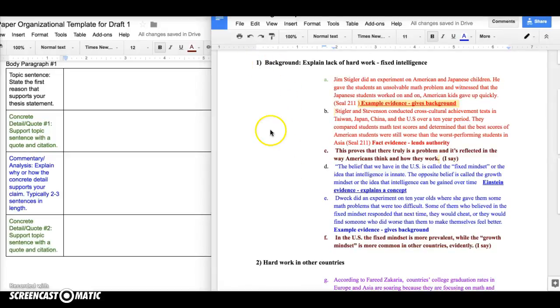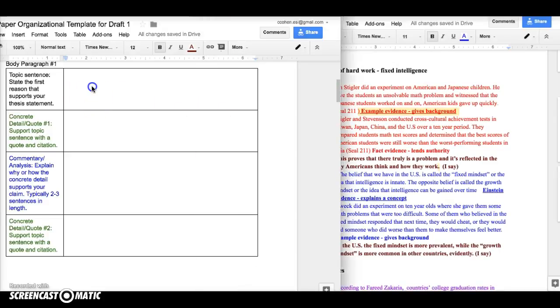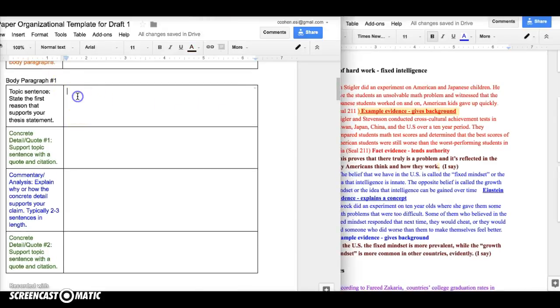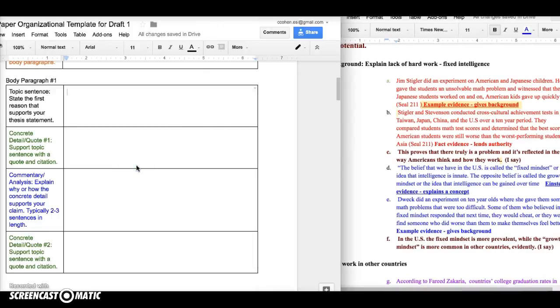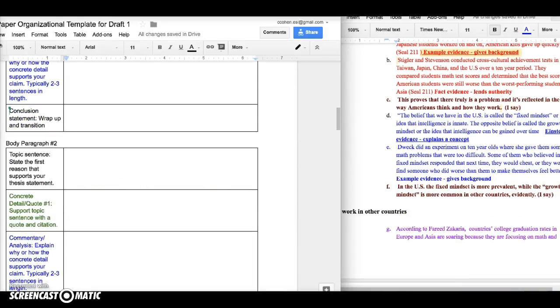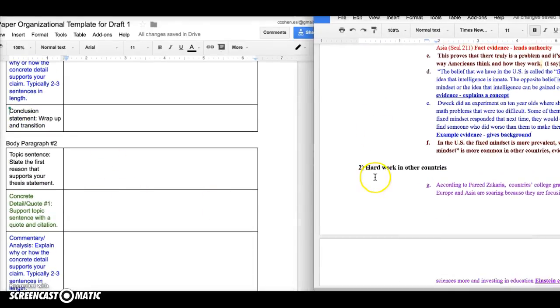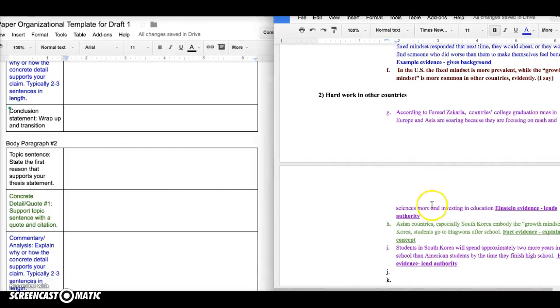So I'm going to scan through my different subtopics and kind of divide up the body paragraphs this way. So this one is going to be about describing the problem of hard work, the lack of hard work. This one, it looks like we're talking about hard work in other countries. And we talk about Asia, we talk about Finland.